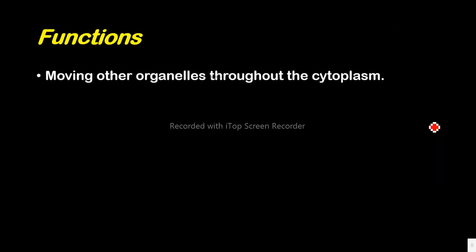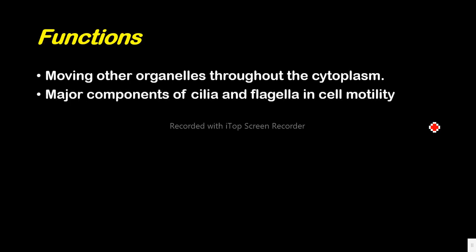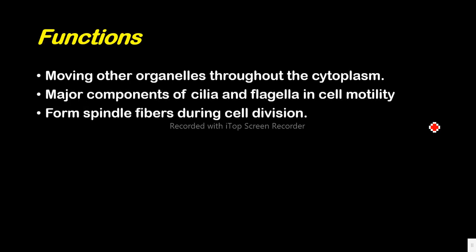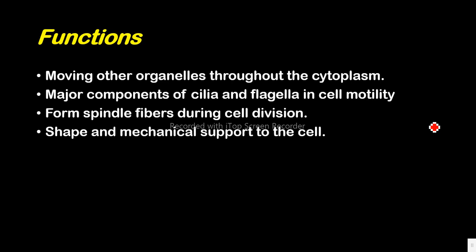Then the functions, I think I've repeated this slide, but it's there. Moving other organelles through the cytoplasm, major component of the cilia and flagella, which are important in cell motility, form spindle fibers during cell division, shape and mechanical support to a cell.